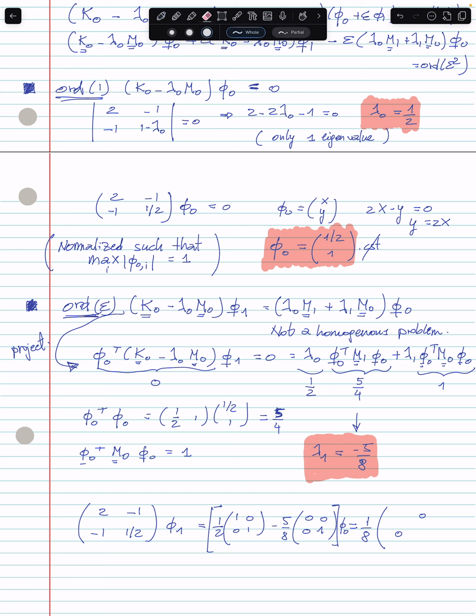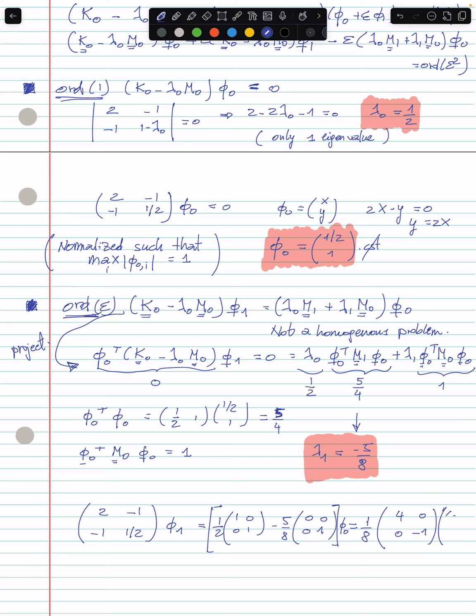I made a mistake, I'm sorry. Let's recap. So here, top left corner, we have 4/8 minus 0, that is 4/8. Then we have 0 minus 0, same here, 0 minus 0. Then we have here 4/8 minus 5, so this one is minus 1/8.